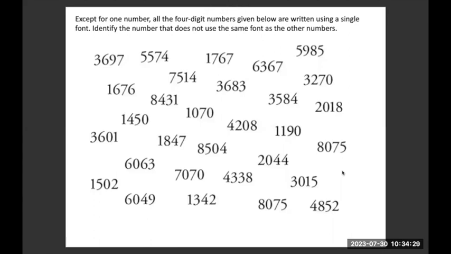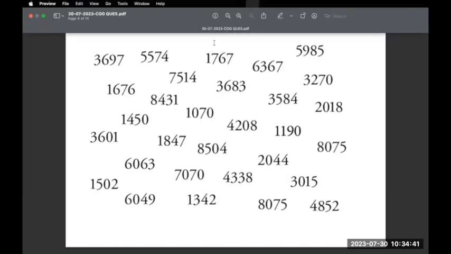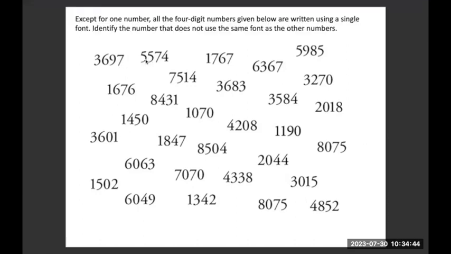This is an exercise in observation and fonts, both. Of all the numbers which are given to you, there are many numbers written here: 1676, 3697, 5574. All these numbers are given to you.